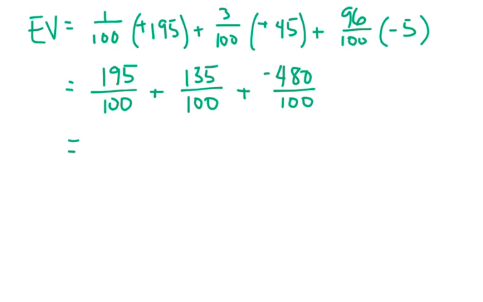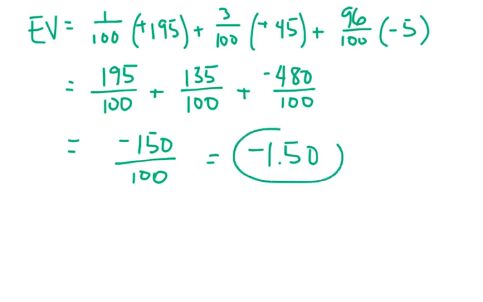Kind of nice, we already have our common denominator, so we can go ahead and add these up, and I get negative 150 over 100, which if we write that as a decimal by division, we'll have negative 1.50, which means the expected value of buying a ticket for this raffle is negative $1.50. I would expect to lose $1.50 over the long term.